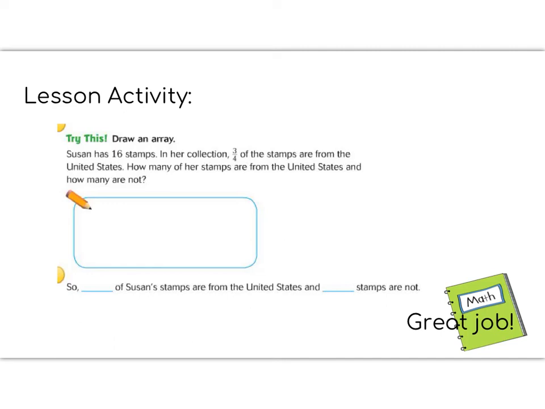So remember, the first thing that we need to do is look at our denominator. Our denominator is 4. So we need to know 4 times what gives us 16. Okay, that's an easy one. That's 4 times 4. So that means that our array has to be a 4 by 4 array so that we get 16. So 4 down and 4 across.